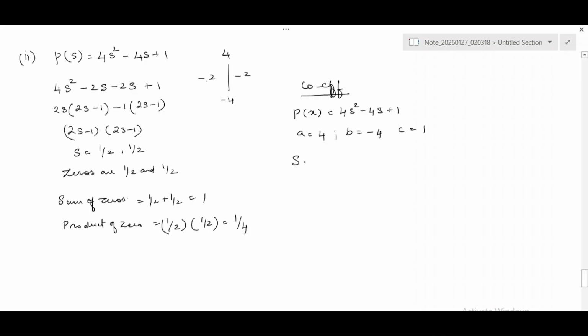So sum of zeros is minus B by A, which is equal to minus of minus 4 by 4. So it is minus of minus 4. Okay, so 4 by 4 is 1. Product of zeros is C by A, that is 1 by 4.